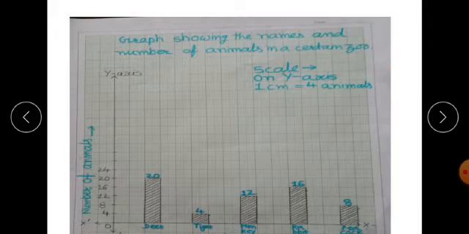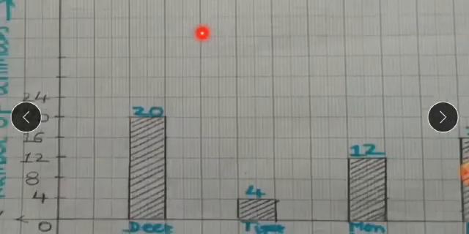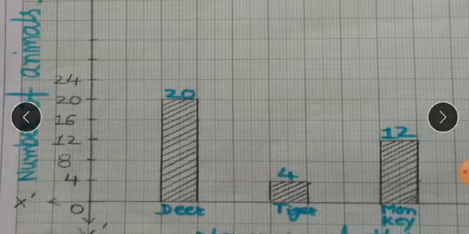Scale they have also given, therefore scale on y-axis 1 centimeter is equal to 4 animals. Therefore I have taken the scale and all these numbers are multiples of 4. I have also asked you to take the next successive multiple of the given number so that your graph must be precise. Therefore 4, 8, 12, 16, 20 and 24. Now the number of deer is 20. Therefore I have shown this.